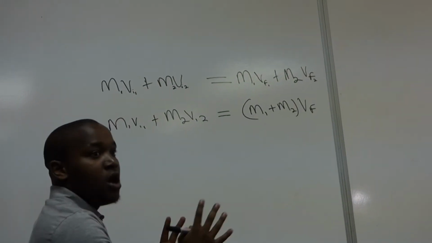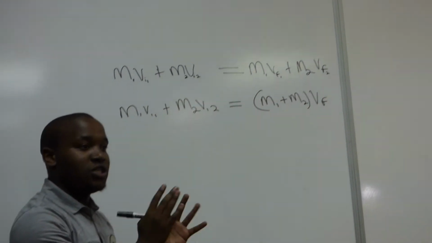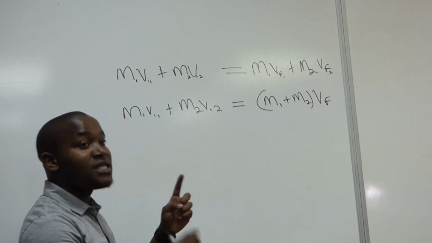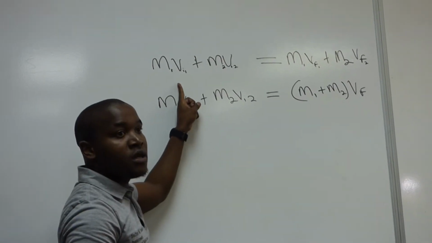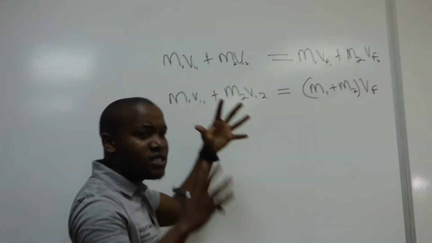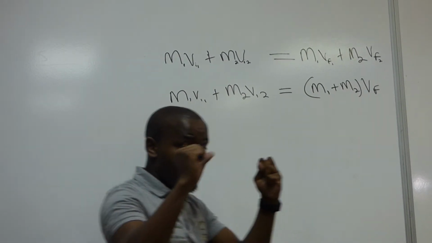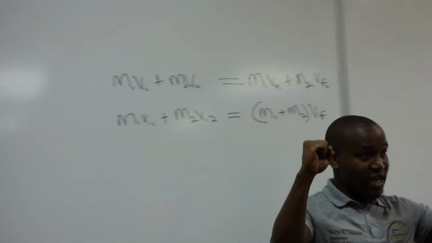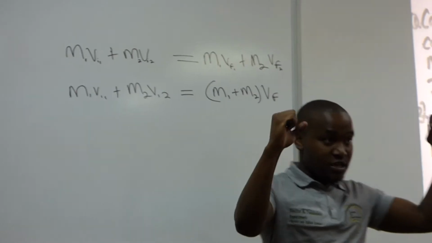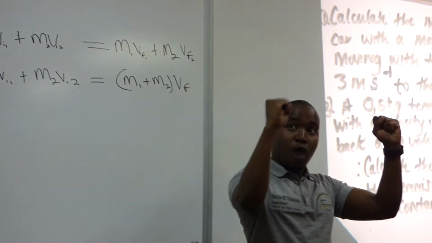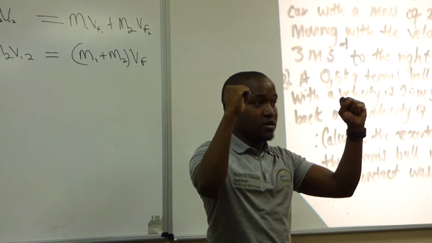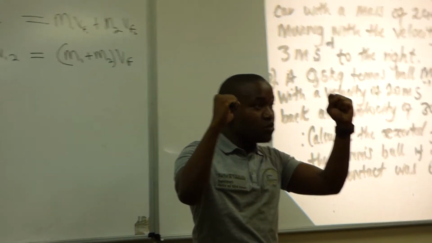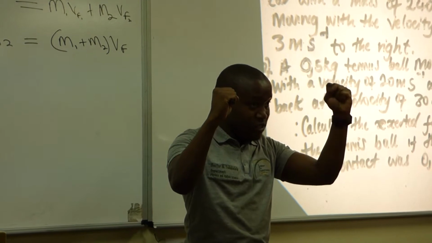Let me explain again. Under combustion interaction, you have object 1 coming with its own mass and its own velocity. Let's picture it. We have object 1, they haven't interacted. Do you see them? Object 2 comes with its own mass and its velocity.